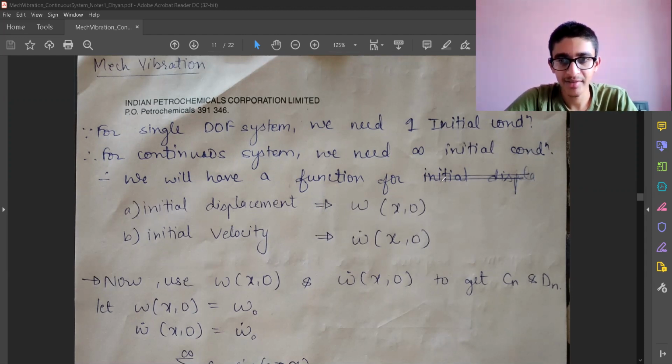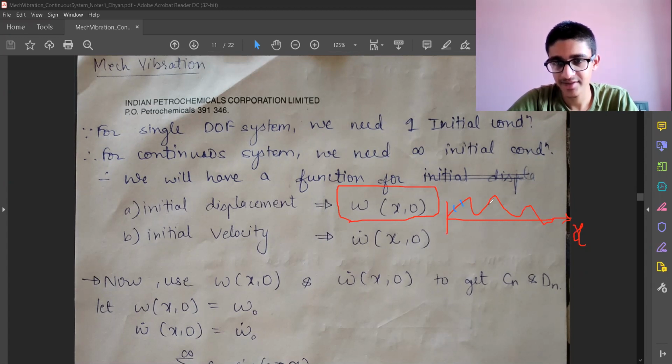So what that means is, when I have a string that is along the x direction, my displacement can be something like this. So w(x, t) is going to show the displacement of all the x positions. The w(x, t) function is going to give me the displacement at t equal to 0.